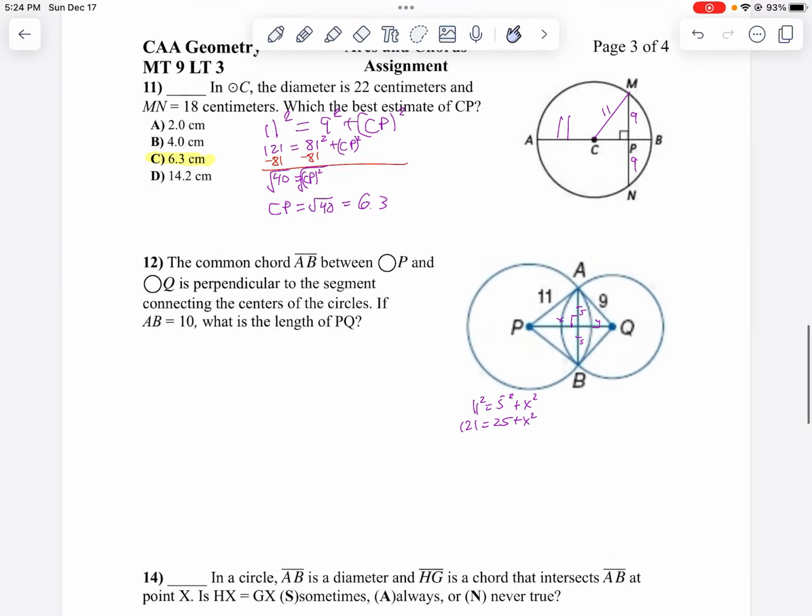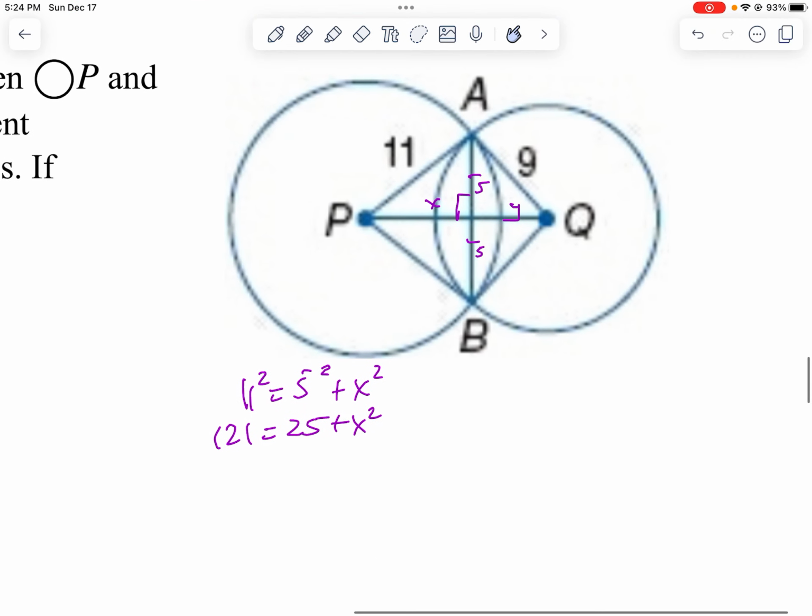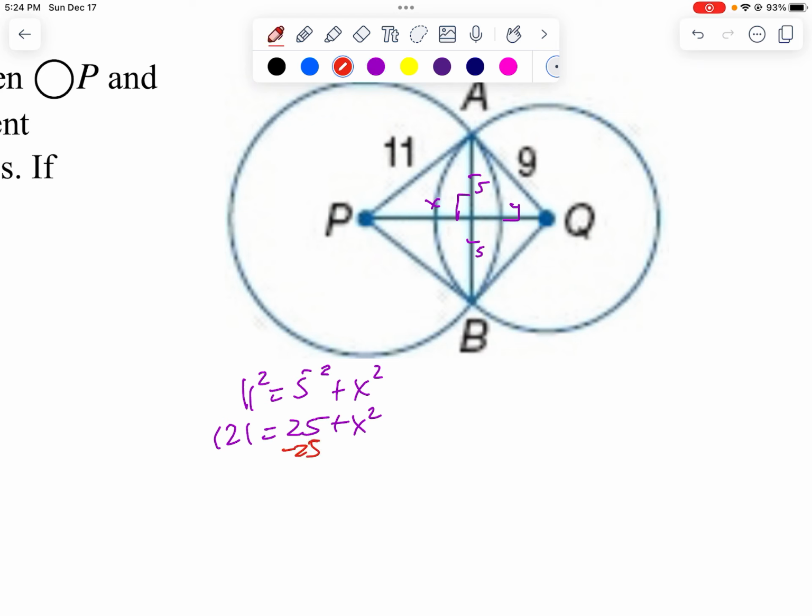Before I forget, I'm just going to find that answer. I thought maybe it was multiple choice, but it isn't. So we minus 25 from both sides, and I get 96 equals X squared. Let's take the square root of both sides.